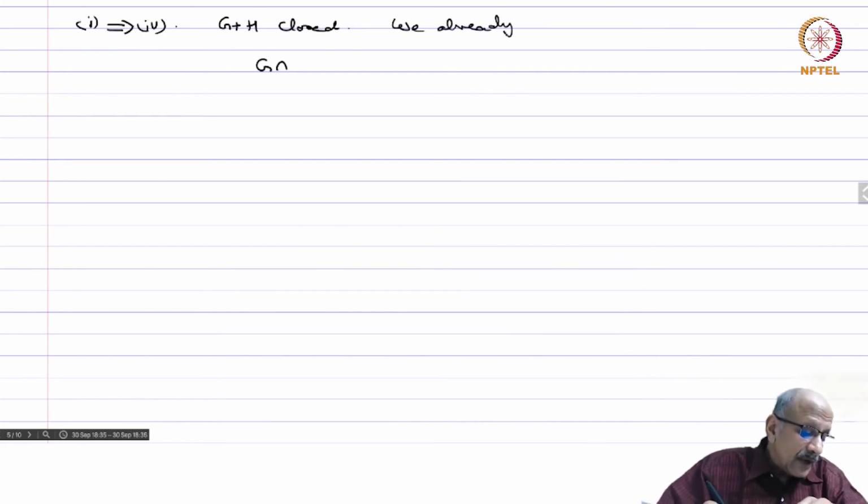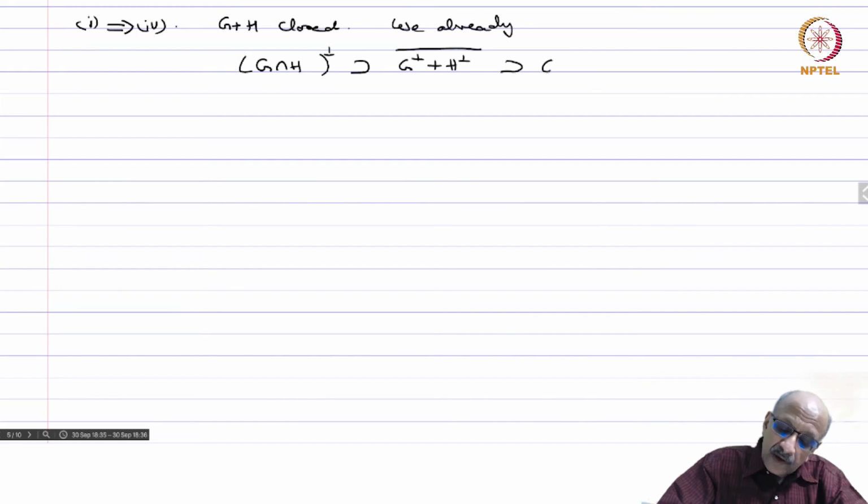G intersection H perp contains G perp plus H perp closure, and that of course contains G perp plus H perp.